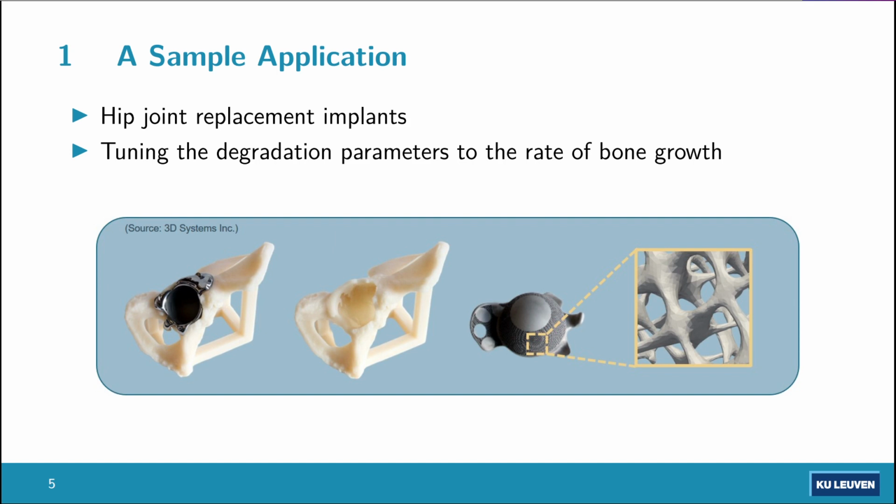So when the tissue, in this example the bone, grows, you want the implant to be replaced by the newly formed bone, and you need to tune the degradation parameters to the rate of the bone growth so you won't have implant failure. And this would be an example of such a model in its final form in the biomedical engineering field.